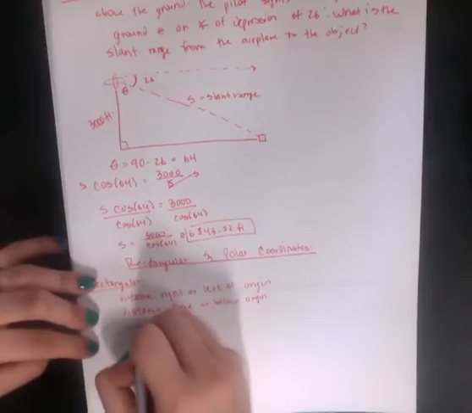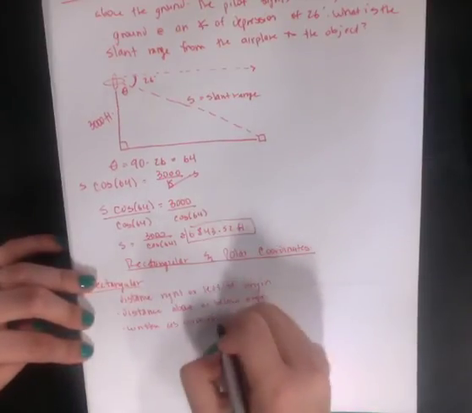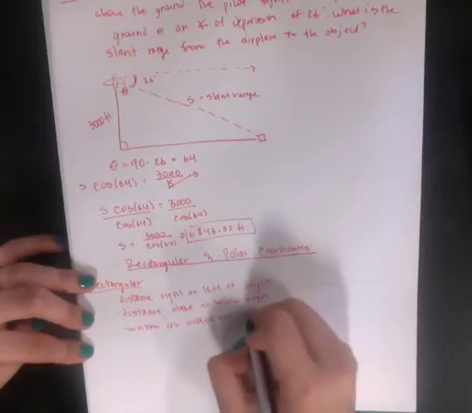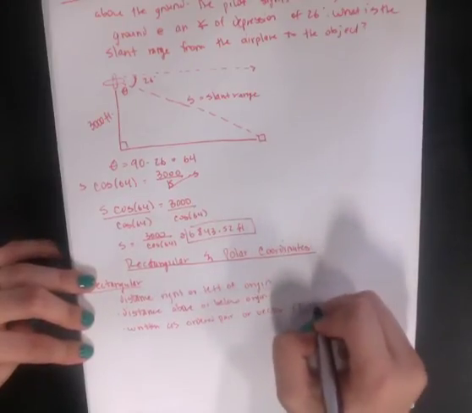And we can write it as an ordered pair or a vector using i hat and j hat.